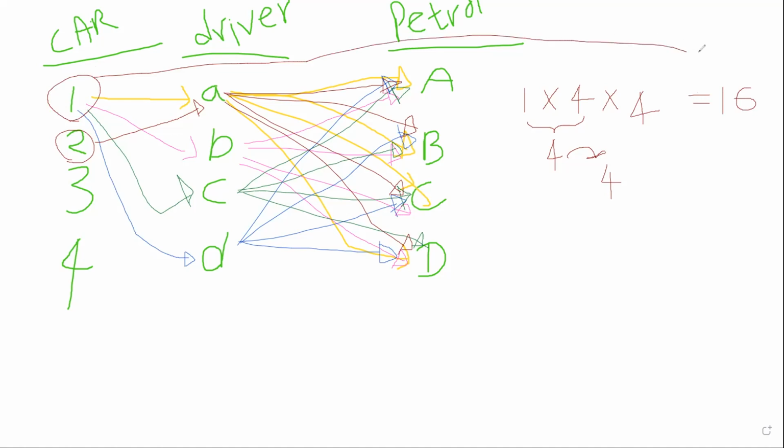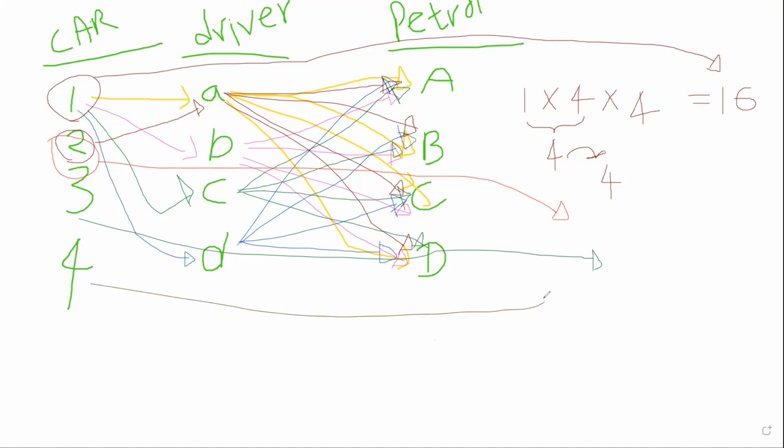Then for the second car, how many observations will I have? Now you can make counts for the second car, the third car and the fourth car. Put your answers in the chat box. What answer will you have?